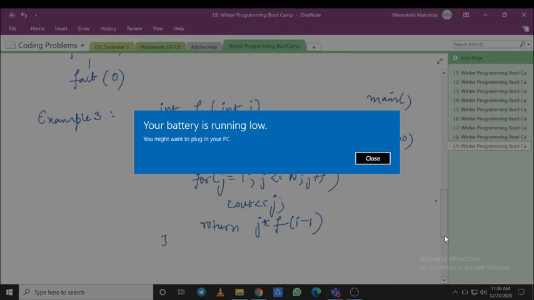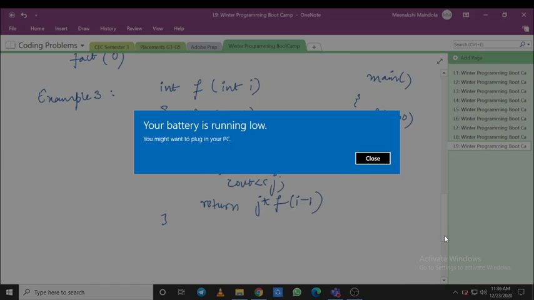So what is going to be the time complexity for this piece of code? The value of I is going to be 100, but this function recursively calls itself with the value of I minus 1. So what will be the time complexity here?